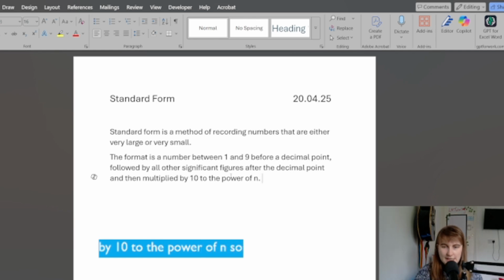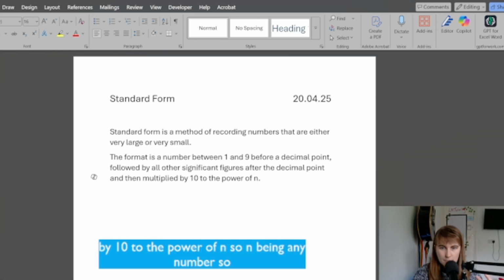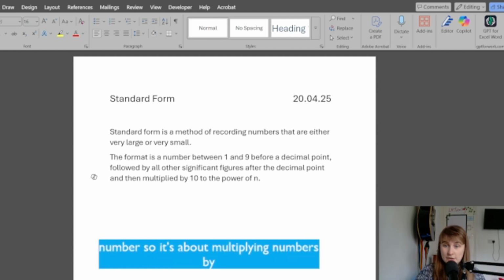So n being any number. So it's about multiplying numbers by 10 to the power of something.